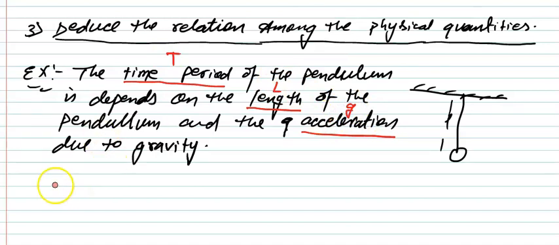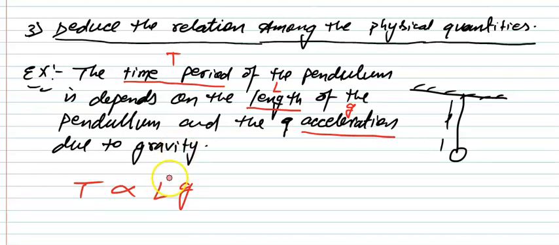Getting it? So firstly, in the solution process, t is proportional to the length of the pendulum as well as the acceleration due to gravity. And we don't know what the power is. It may be l to the power 2, l squared, g may come in a root. So we don't know how this time period relates with the length and the acceleration due to gravity.